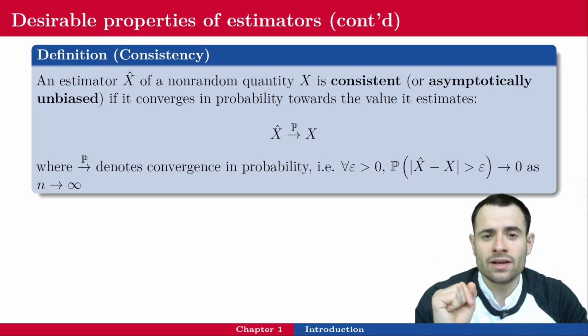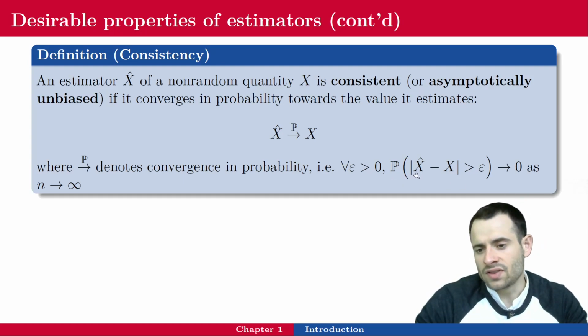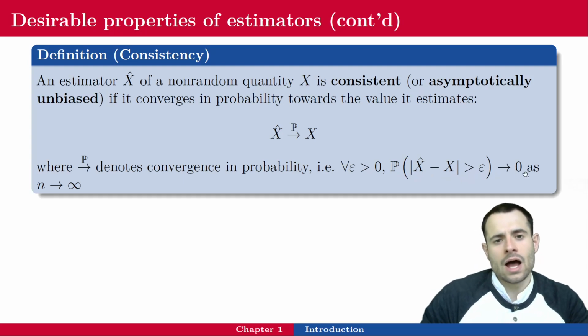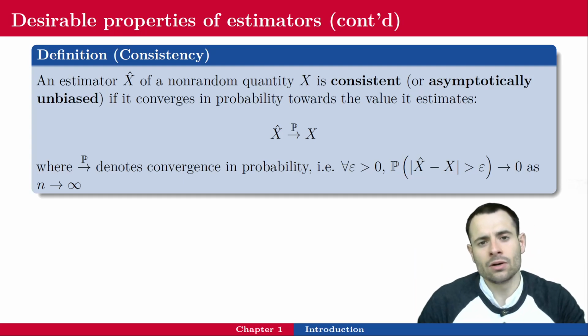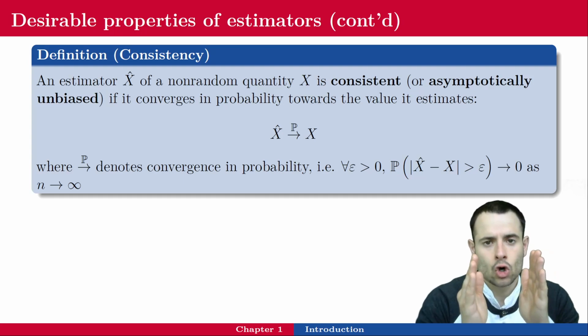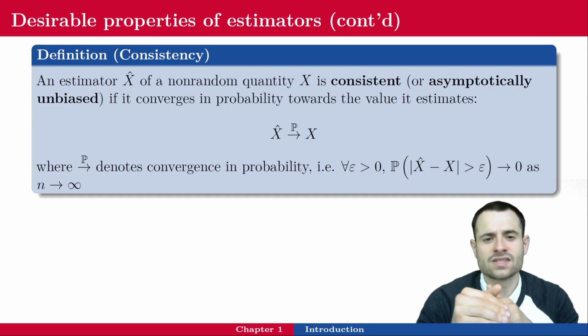Conversely, I could make the opposite statement: the probability of the distance between the two numbers being lower than epsilon tends to 1. As my sample gets bigger, the probability of x hat being closer and closer to x goes to 1. That's consistency.